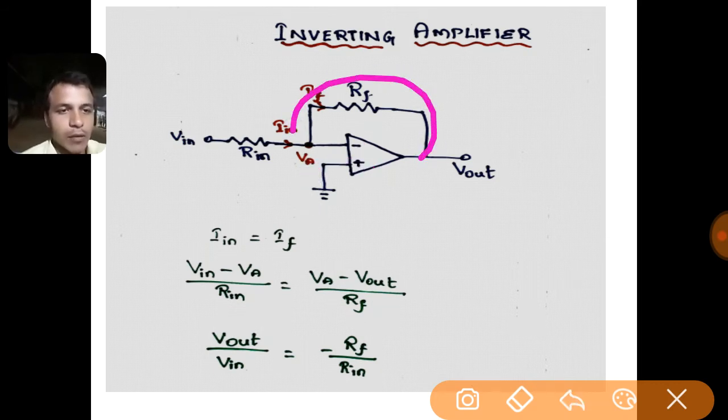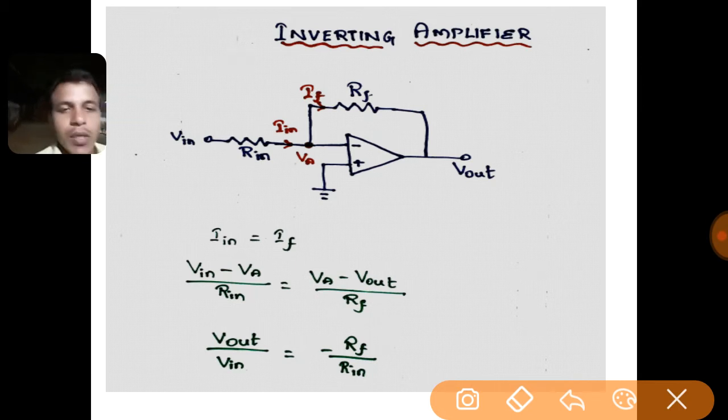There is a feedback loop connected from the output to the inverting input terminal. In the feedback loop we have the feedback resistance, and the input voltage is connected to the inverting input terminal of the operational amplifier through the resistance Rin. So this is the structure of the inverting amplifier circuit.